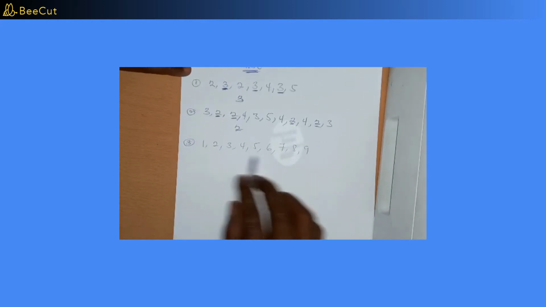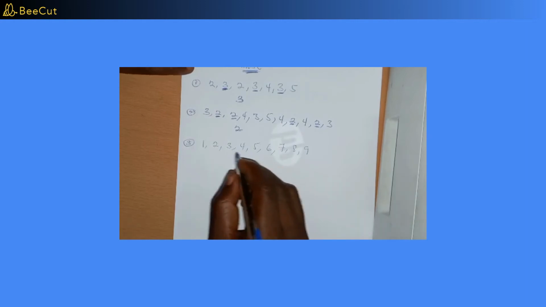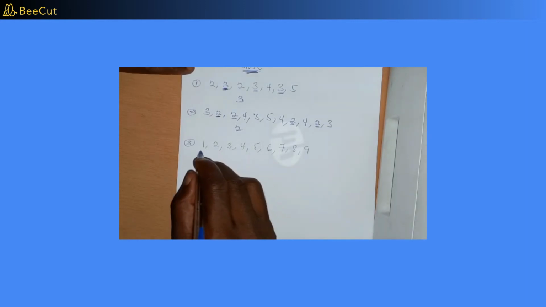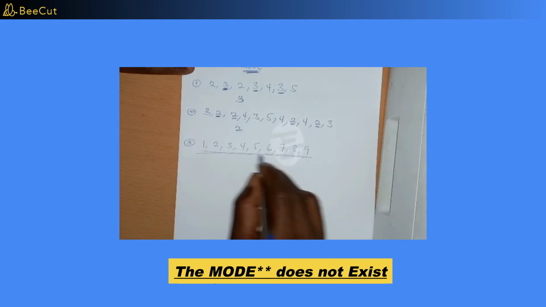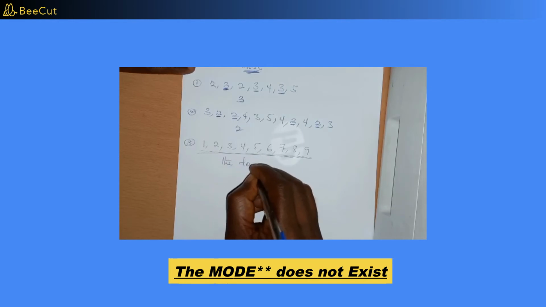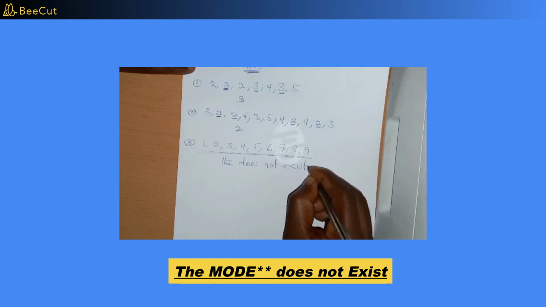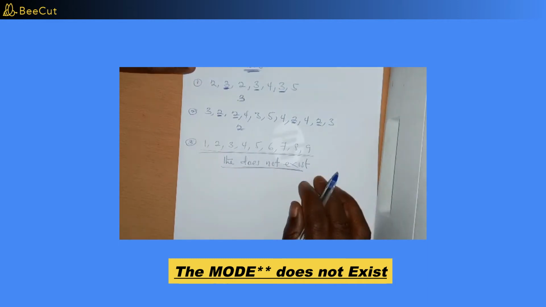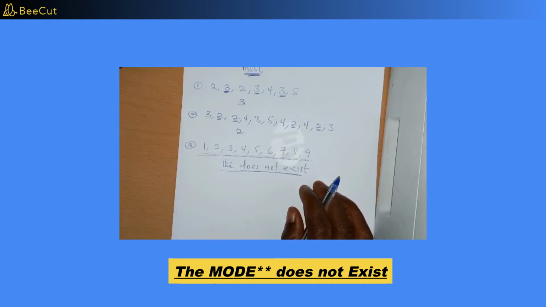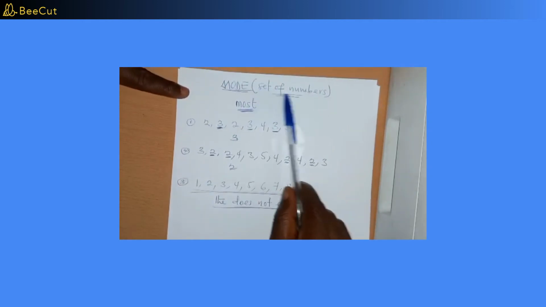In this set we don't have any number that is occurring the most, and therefore this particular set of numbers has no mode. So the mode does not exist in this set.